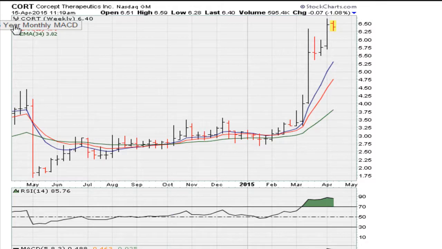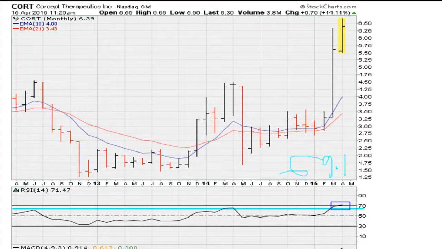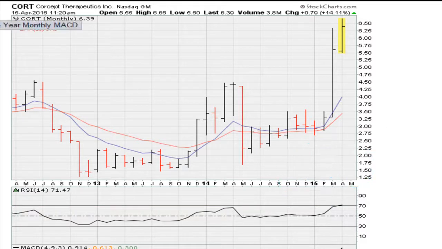We also can see that on the monthly, we have very strong RSI action, as the RSI is now moving above 69.1 for the first time in at least more than 3 years. So this is already a 3-year high breakout, RSI moving above 69.1 for the first time. These are the type of things you look for in terms of momentum.